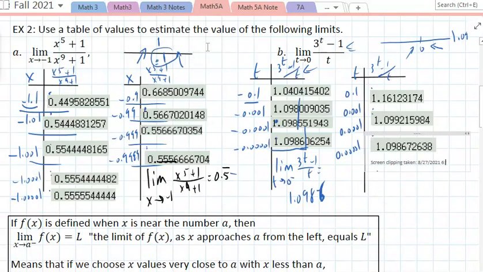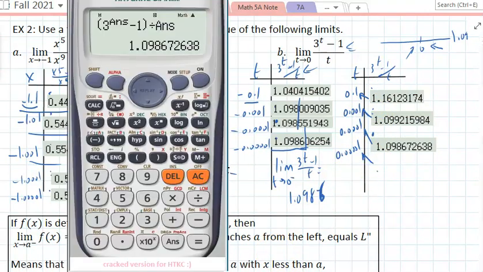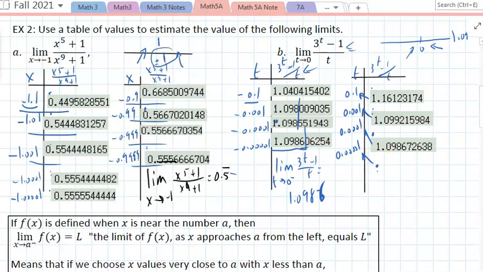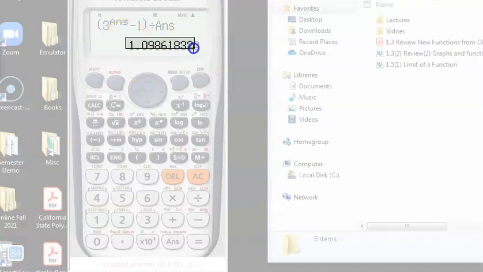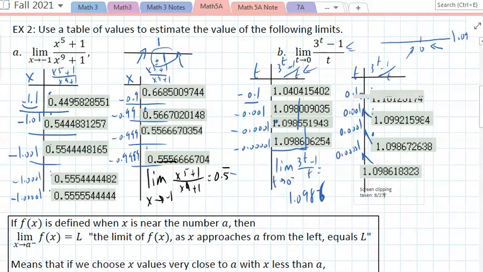Same deal. How about 0.00001? So do we see that the right side seems to match?